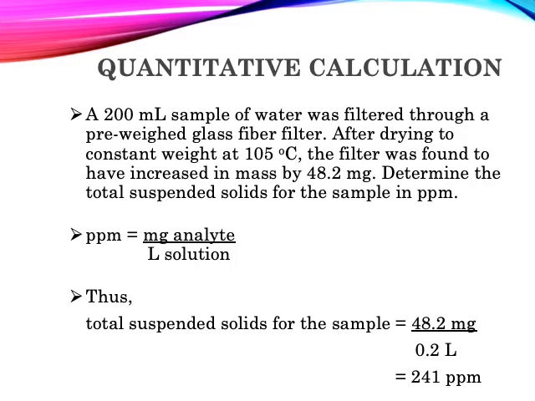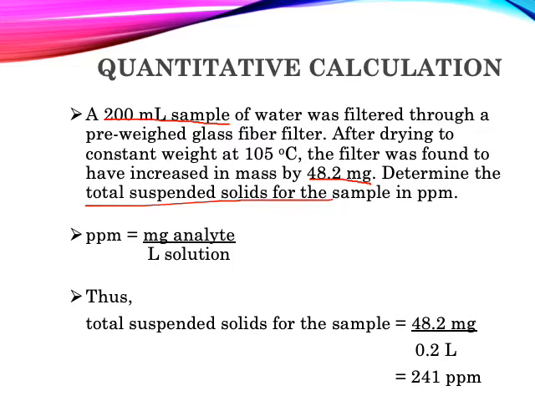Okay, the example of the quantitative calculation. You have a 200 ml sample of water filtered through a pre-weighed glass fiber filter. Then, after drying to constant weight at 105 degree, the filter was found to increase in mass by 48.2 milligram. The sample is 200 ml. You need to determine the total suspended solid for the sample in ppm.